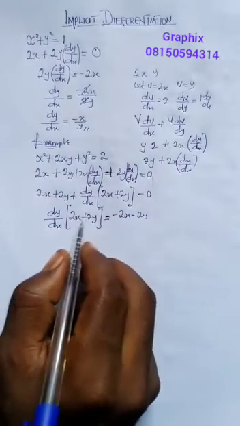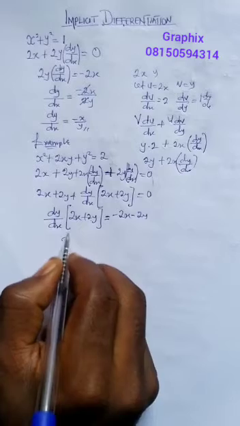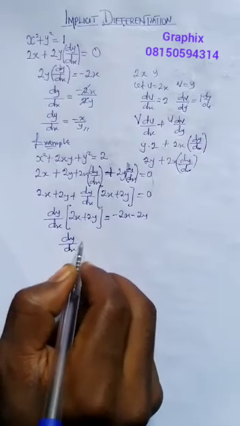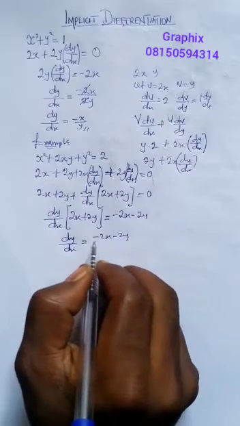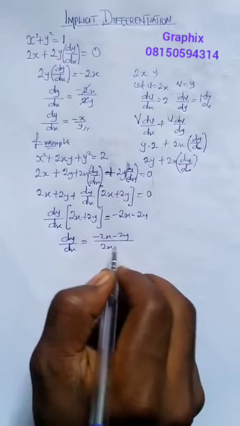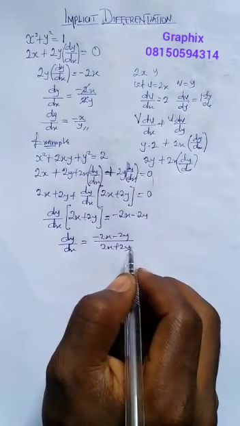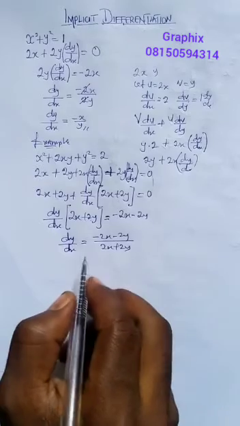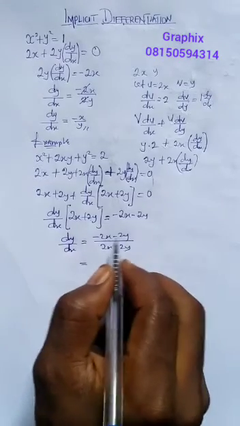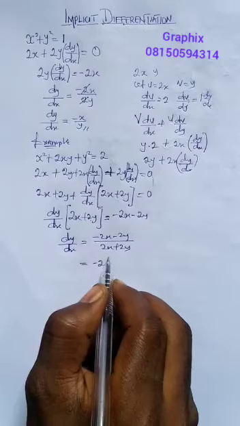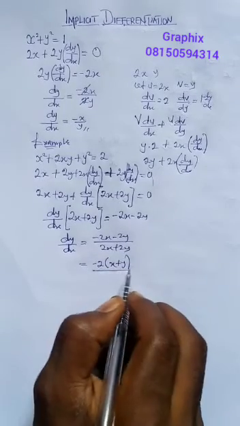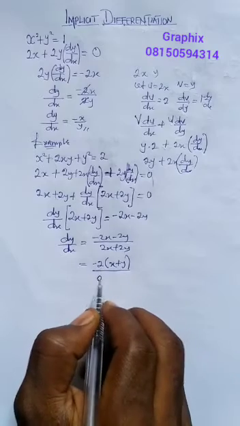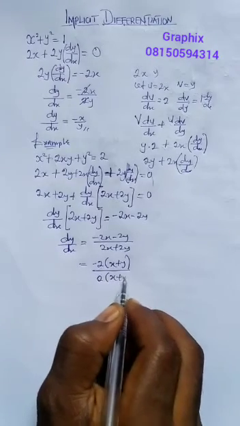So if I divide both sides by 2x plus 2y, my dy over dx will give me minus 2x minus 2y all over 2x plus 2y. So in a nutshell, if I factorize what's common here, minus 2 is common, I'll be left with x plus y all over, 2 is common, I'll be left with x plus y.